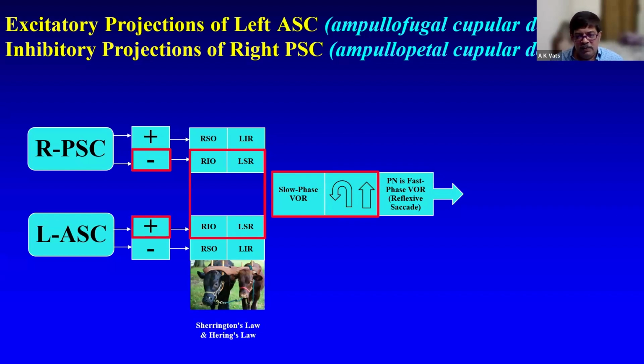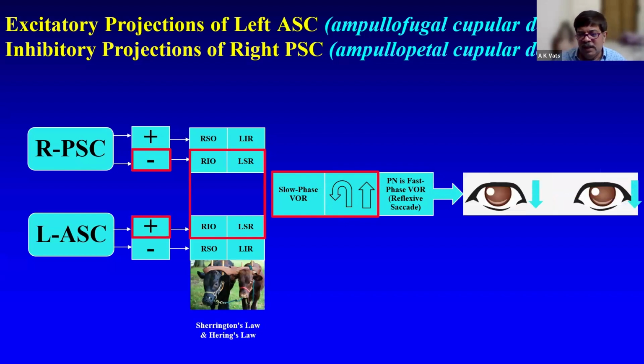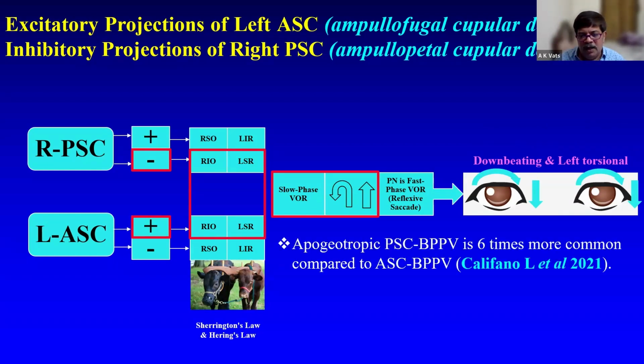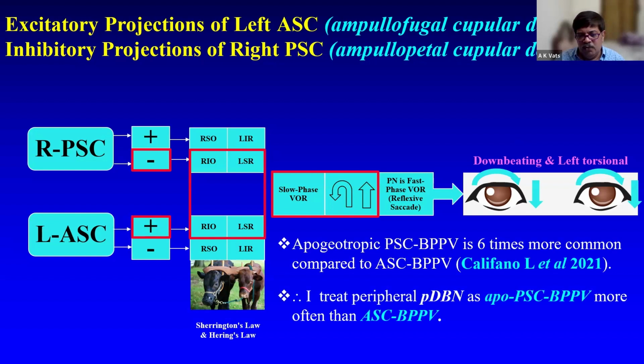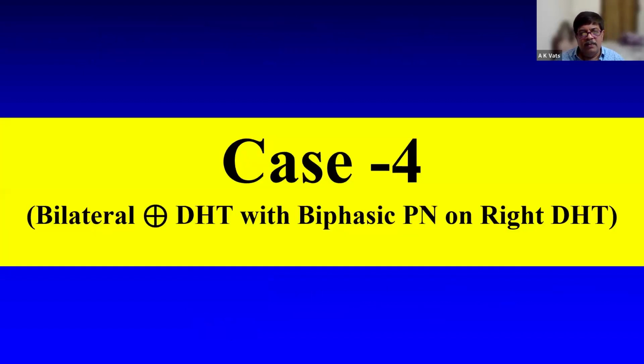The positional nystagmus, which is a fast phase VOR or a reflexive saccade, is downbeating and left torsional, whether it is apogeotropic right posterior semicircular canal BPPV or left anterior semicircular canal BPPV. However, apogeotropic posterior semicircular canal BPPV is 6 times more common compared to anterior semicircular canal BPPV. Therefore, I treat peripheral positional downbeating nystagmus more commonly as apogeotropic posterior semicircular canal BPPV than anterior semicircular canal BPPV.